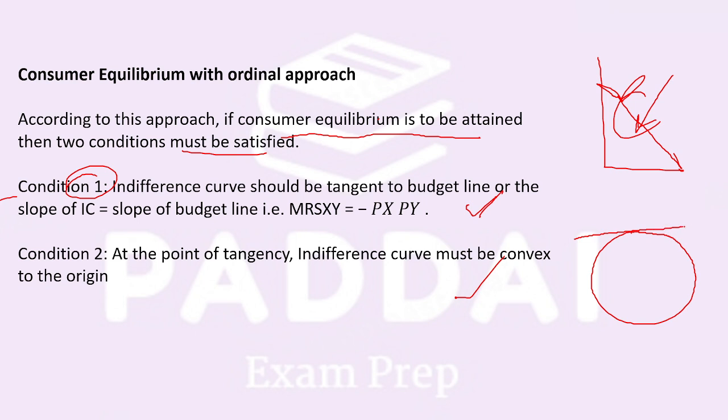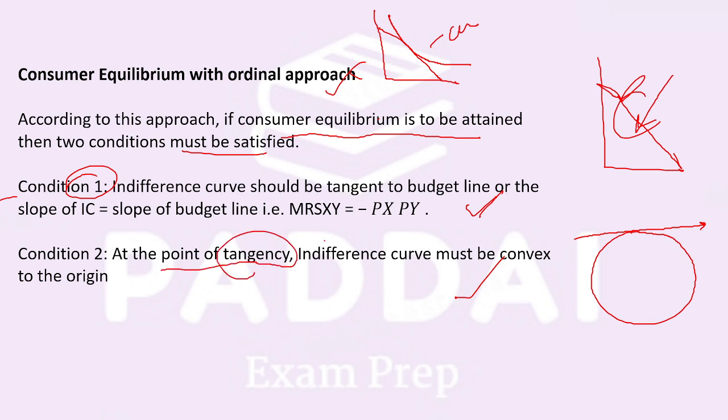So this is the condition where the ordinal approach can bring about consumer's equilibrium.